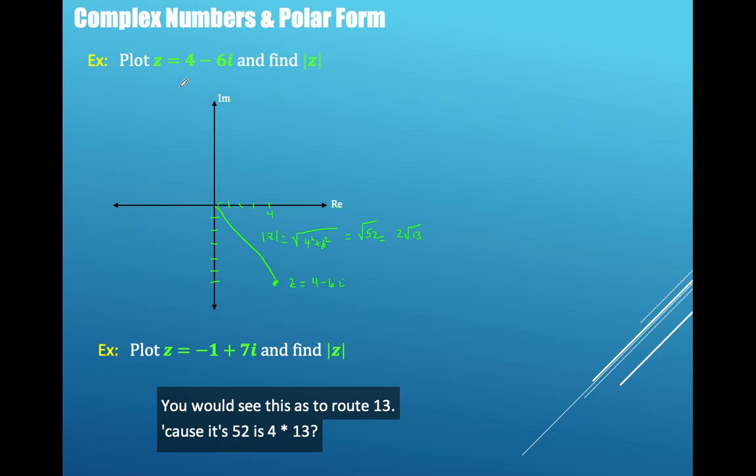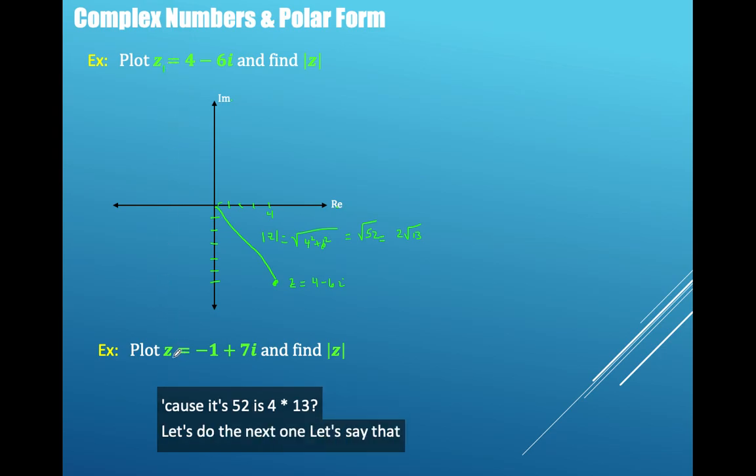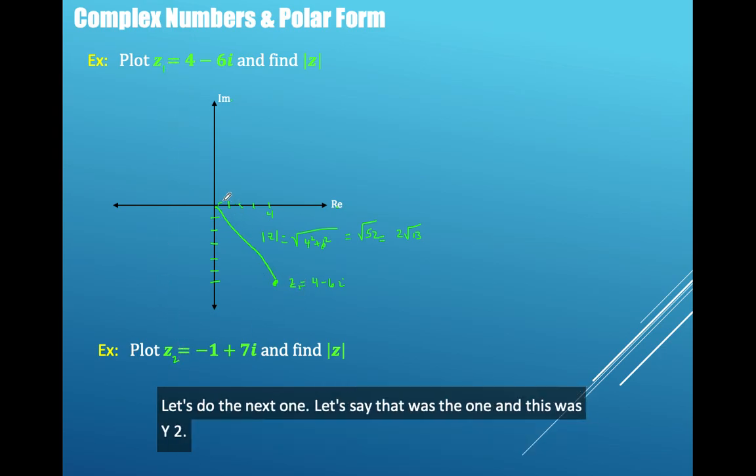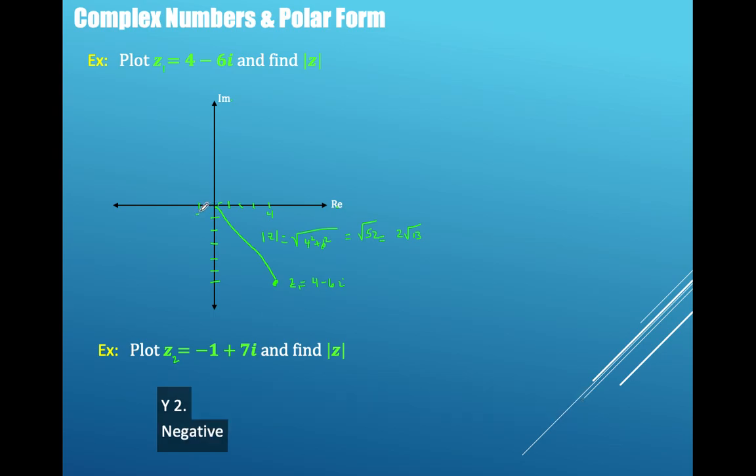Let's do the next one. Let's say that was z1 and this was z2. -1 and up. 1, 2, 3, 4, 5, 6, 7. This is z2.